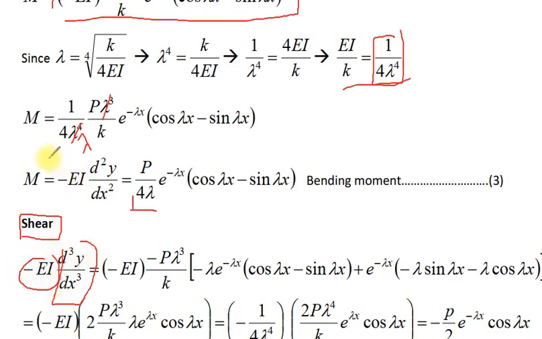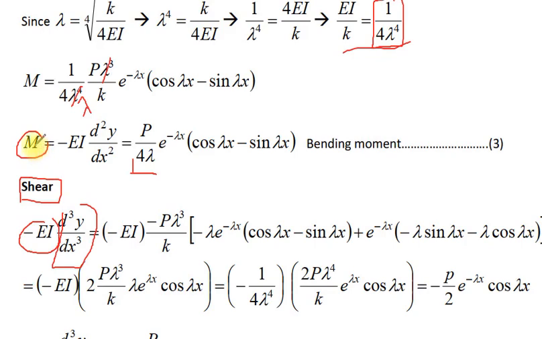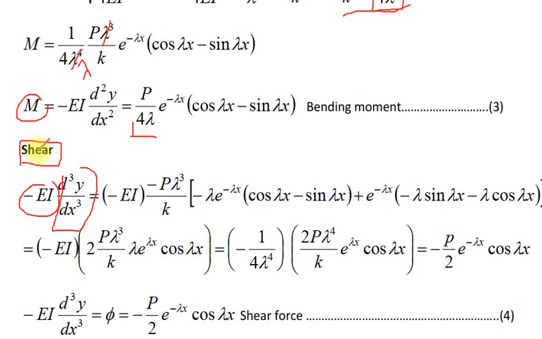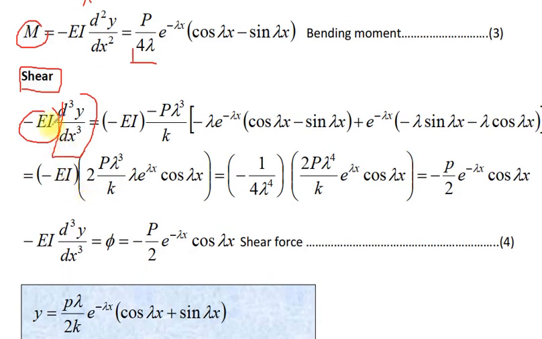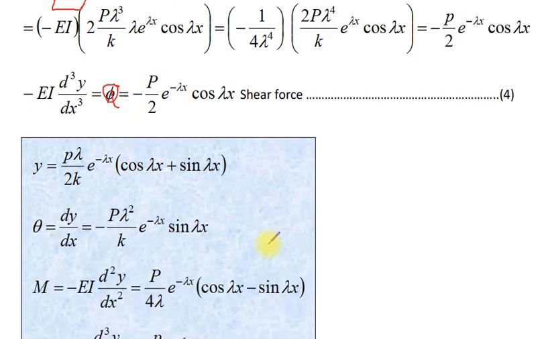Or directly we can differentiate the moment, then we can get the shear from the differential equation of moment with respect to x. Therefore, we get Q equal to minus P over 2 e to the minus lambda x cosine lambda x.